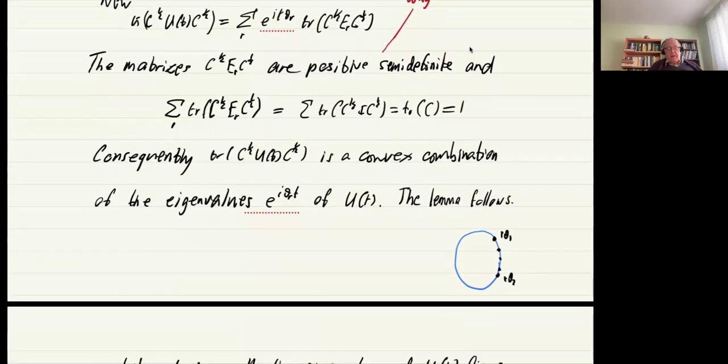So what I'm saying is, I'm basically going to prove by contradiction. My point is that if the eigenvalues of these e to the i theta r lie on one side of a line, strictly on one side of a line through the center, then their convex hull does not contain the 0 vector.